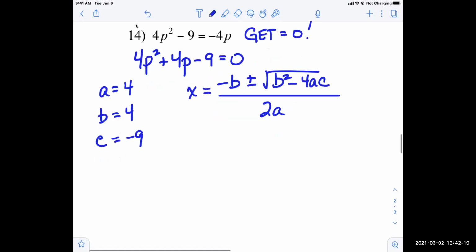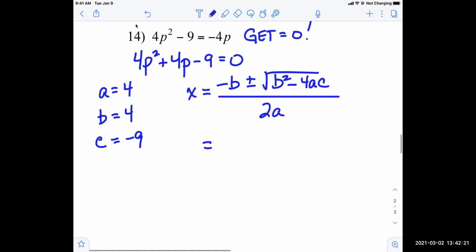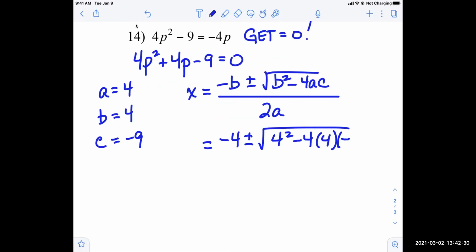All right, so we plug that in. It'll be negative 4 plus or minus the square root of 4 squared minus 4 times negative 9, all over 2 times 4.